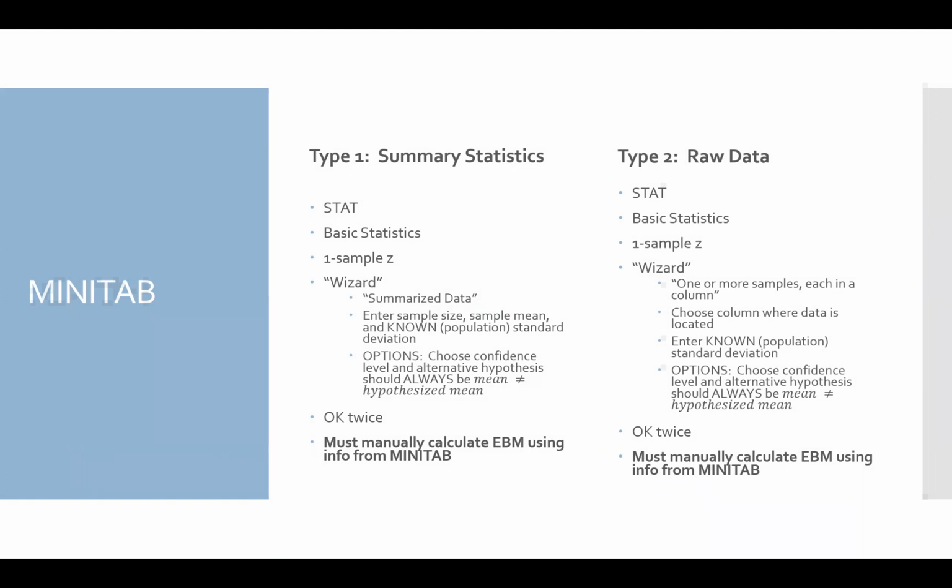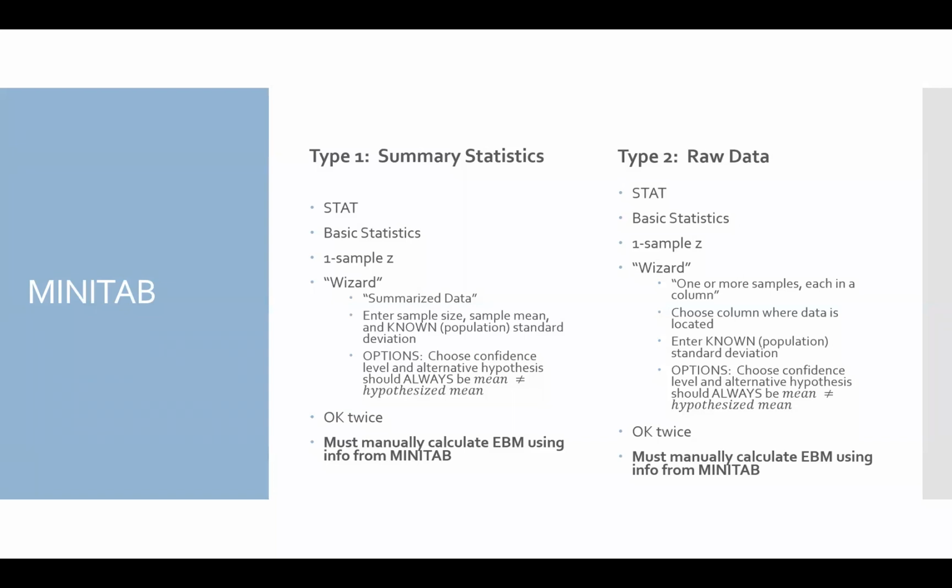In the third column, you have the instructions if you have raw data. Now, in both cases, Minitab does not calculate the error bound for the population mean. It does not calculate the margin of error for you.